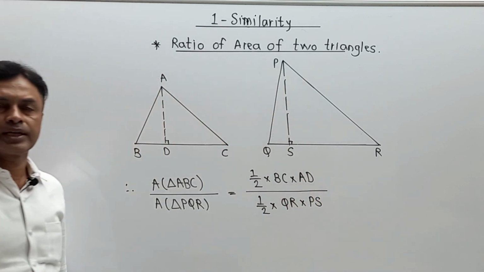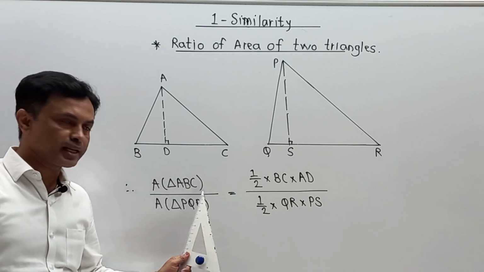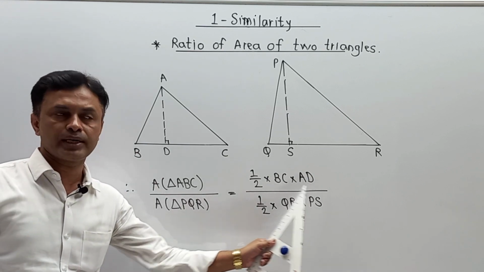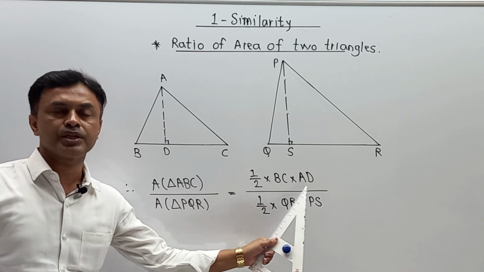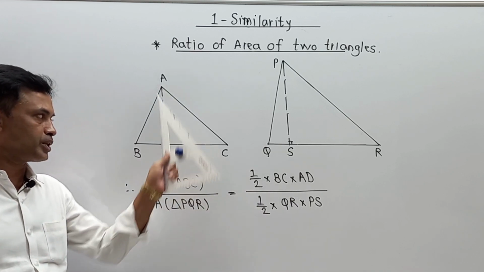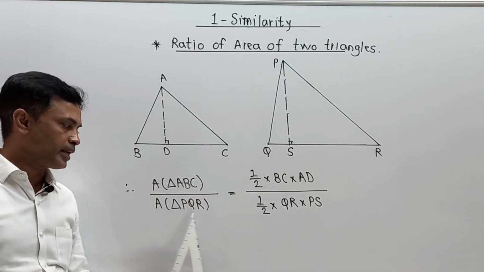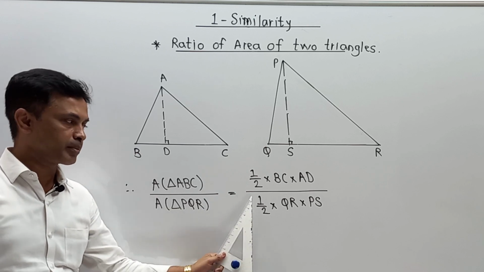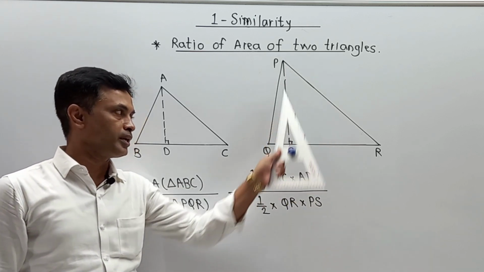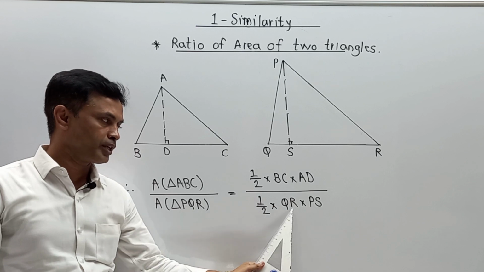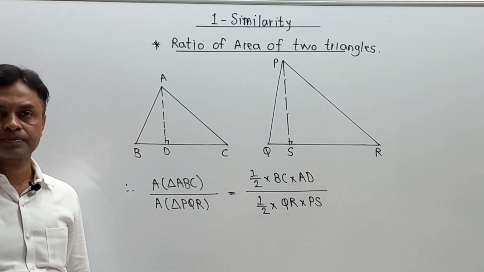Now a logic to be taken into consideration. Area of triangle ABC means half into base BC into height AD, divided by area of triangle PQR, that is half into base QR into height PS.